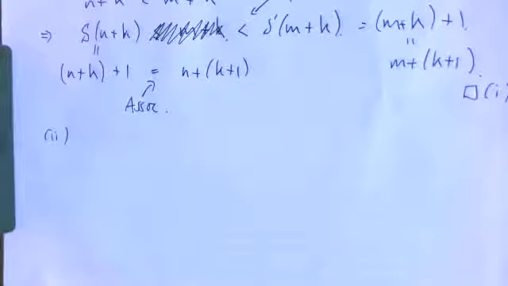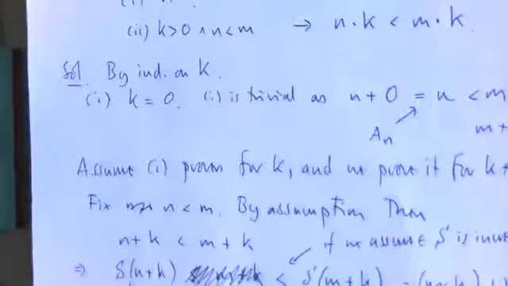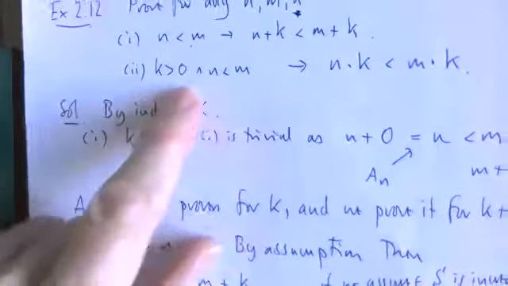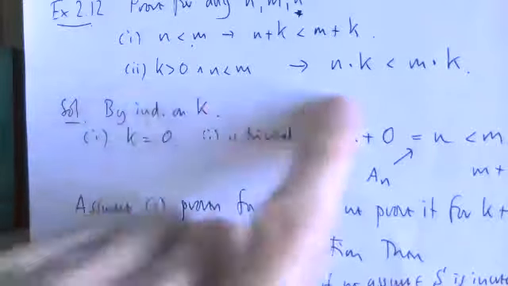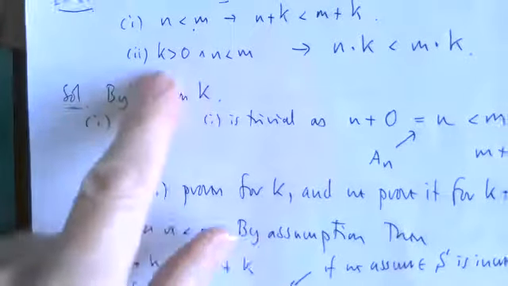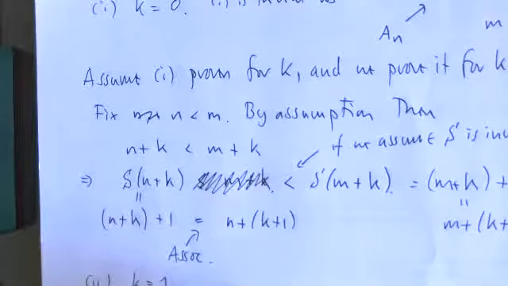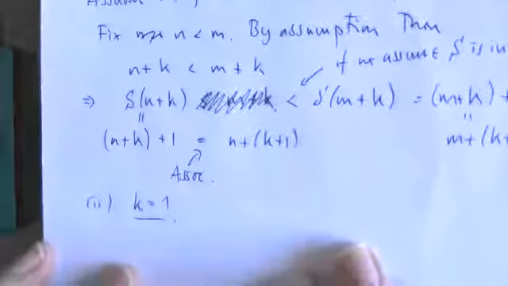And one just does the same thing for multiplication. So what have we got to do? We've got to do the same thing here for k. Sorry, for now k is bigger than 0. So k equals 1 would be the base case.